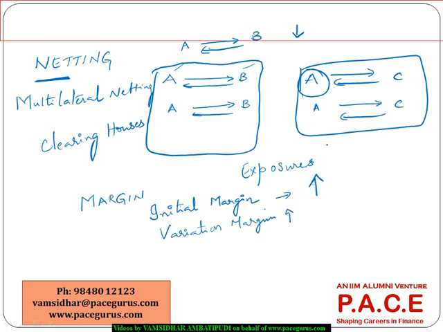So what we are typically talking of is, once a margin is there, if one of the parties is defaulting or not fulfilling the obligation, the other party can very well use the proceeds out of the margin. But here the problem comes.